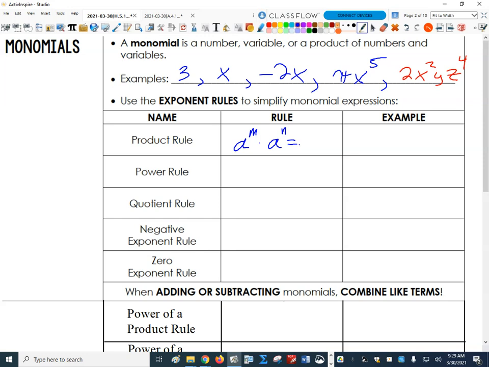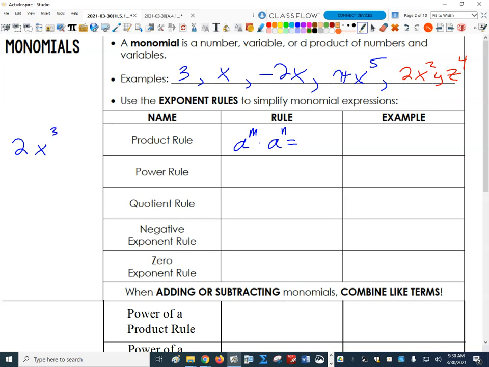And let's look at the anatomy of a power real quick. What if I have something like 2x cubed?